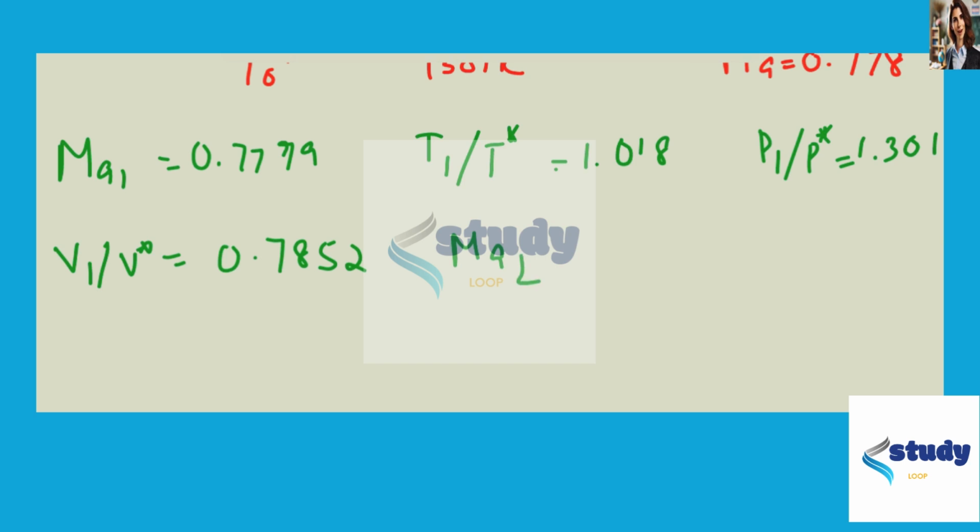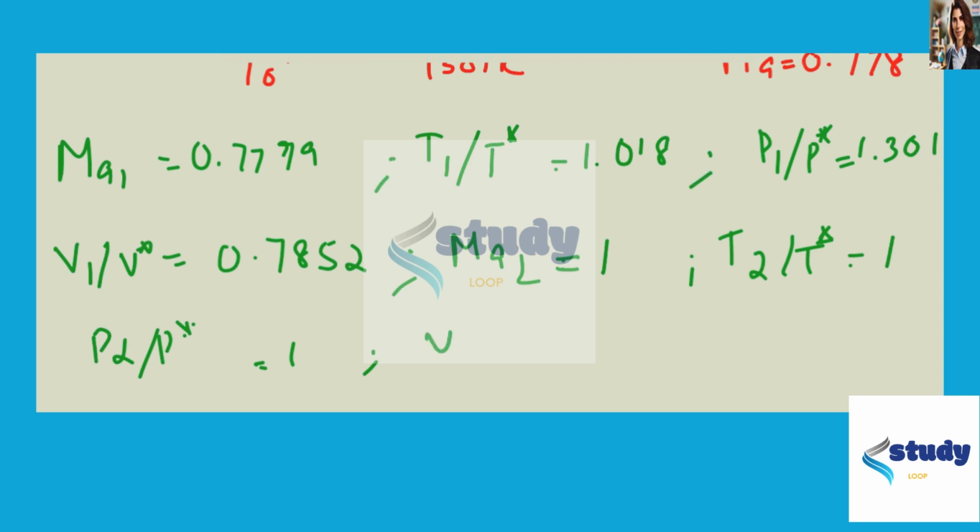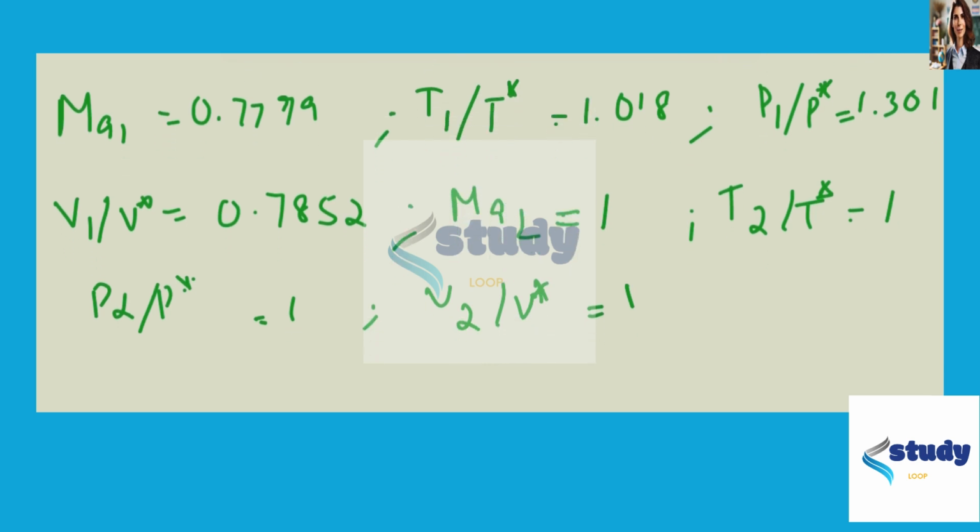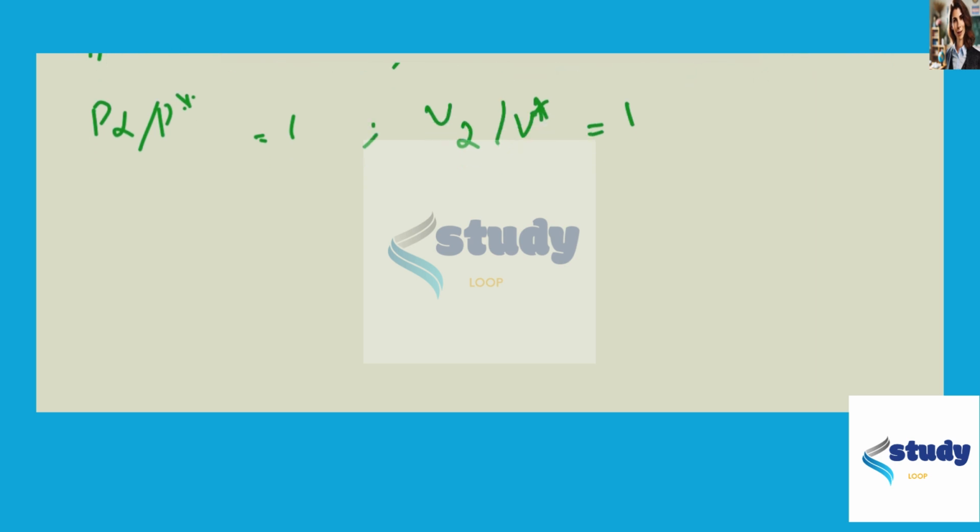Now Ma2 equals 1. Then we have T2 upon T star equal to 1, P2 upon P star equal to 1, and V2 upon V star equal to 1. Consisting of all these values, we can now find out the requisite temperature, the pressure and the velocity also.